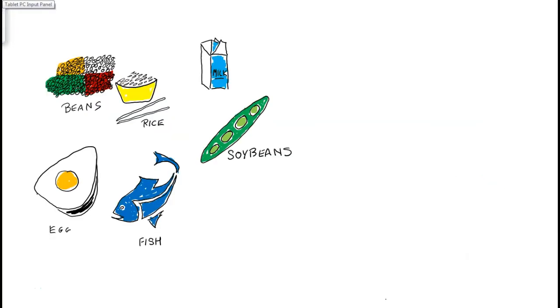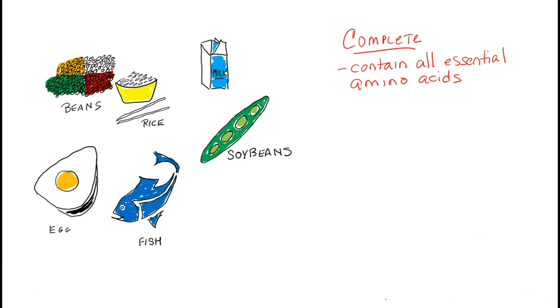Here's some examples of sources of protein in the diet. And so realize that some of the sources are complete, and complete means that they contain all of the essential amino acids. And others are incomplete, which means they contain some of the essential amino acids.